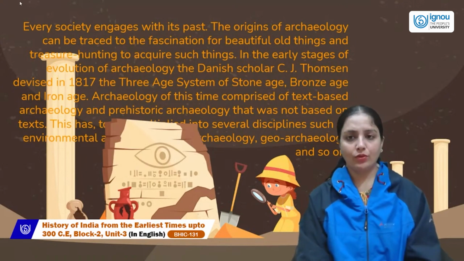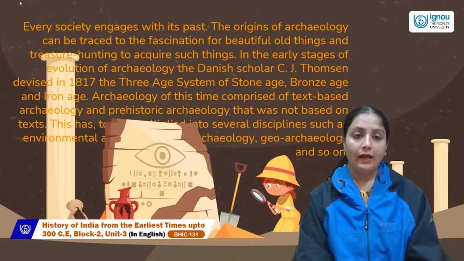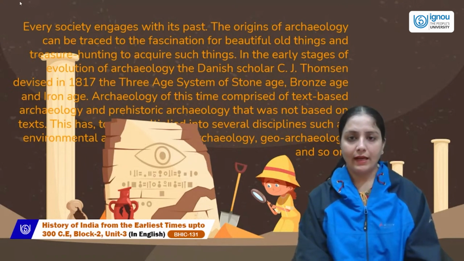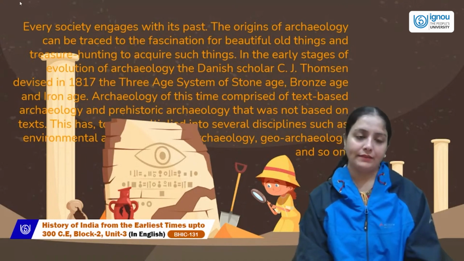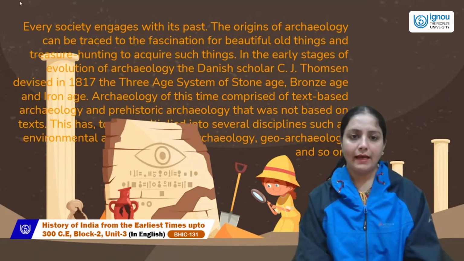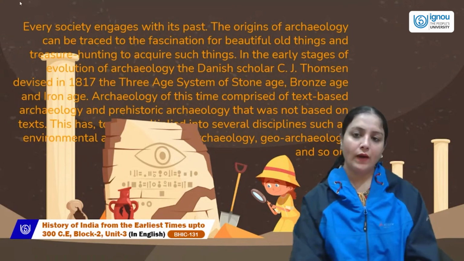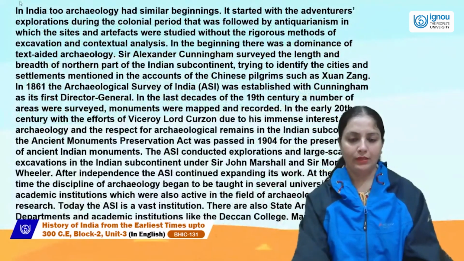The three-age system: Stone Age, Bronze Age, Iron Age. Archaeology of this time comprised text-based archaeology and prehistoric archaeology that was not based on text. This has branched into several disciplines such as environmental archaeology, geoarchaeology, and so on.